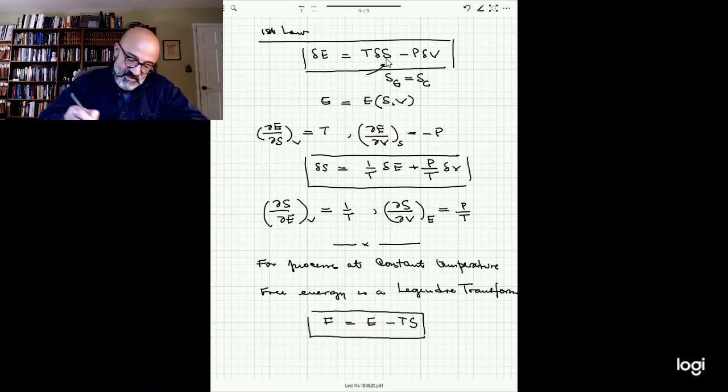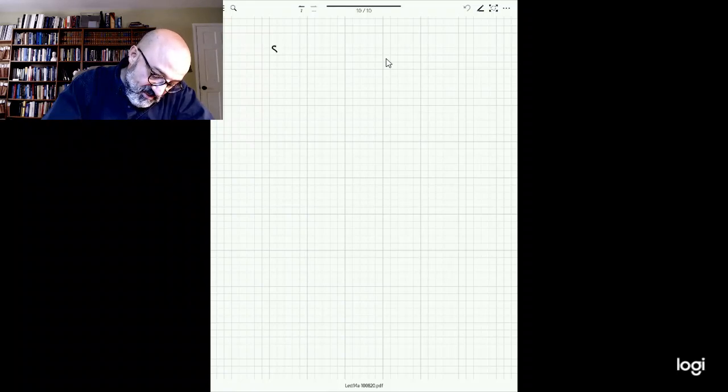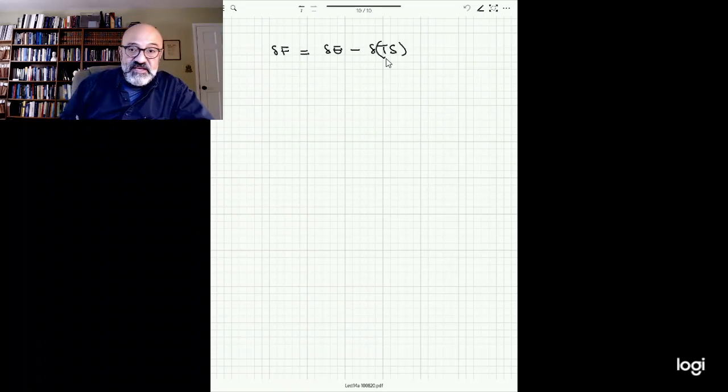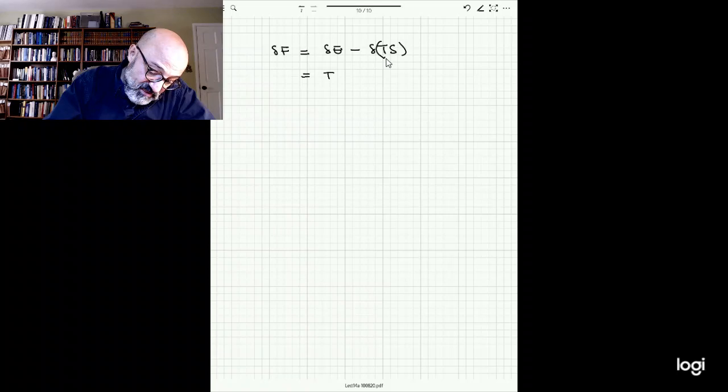Let's do it. The change in the free energy is going to be the change in the energy minus the change in TS. The change in the energy is TdS, heat, plus work. Then we have the second term here. This is going to be dT S plus T dS.